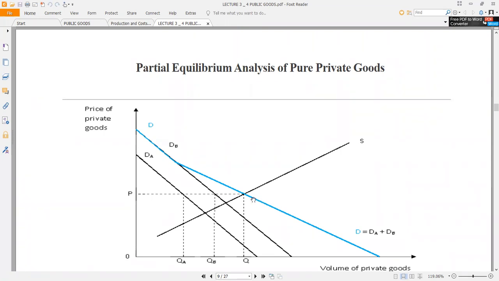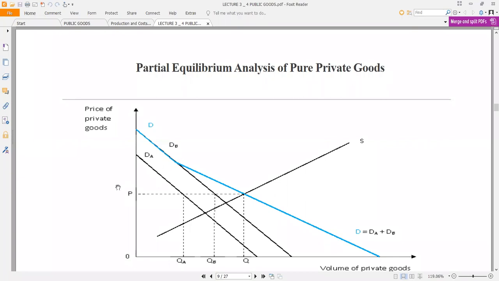So the market demand here is the horizontal summation of the two individual demands. This is the demand curve for the market, and it's the horizontal summation of DA and DB. When you add the two demand curves, you get that of the market.